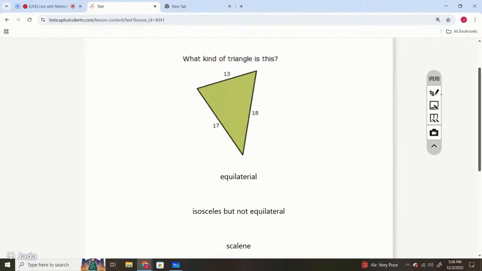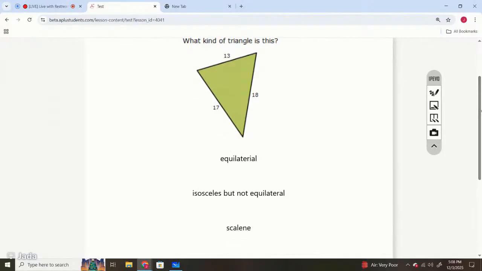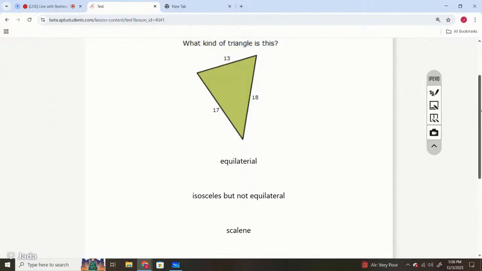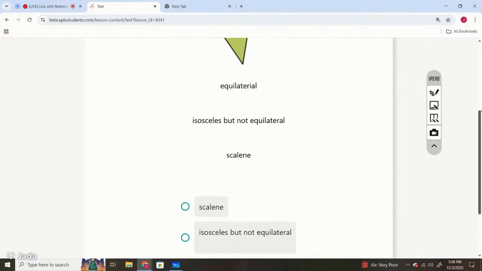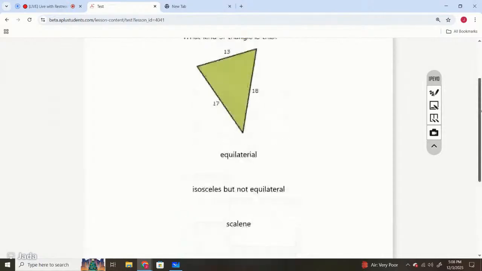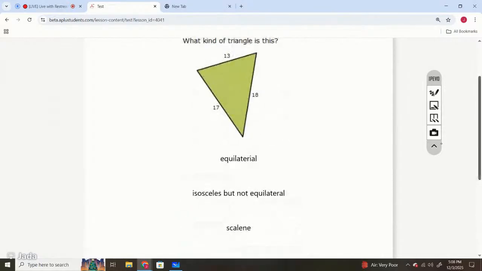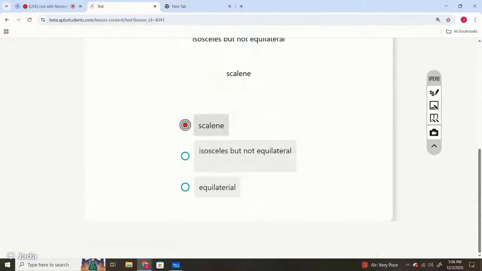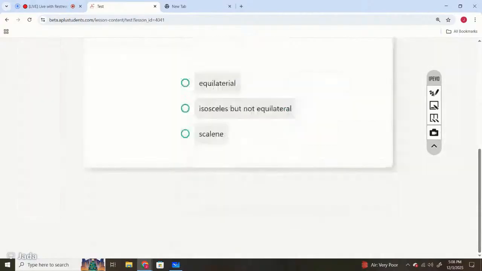What kind of triangle is this: isosceles but not equilateral? The correct option is scalene.